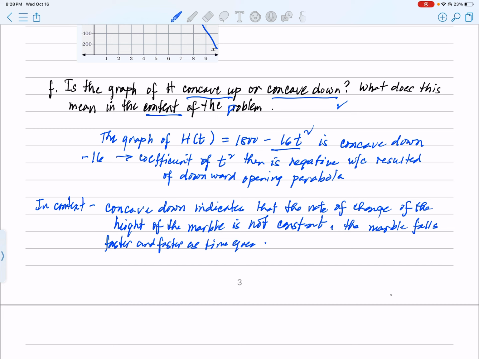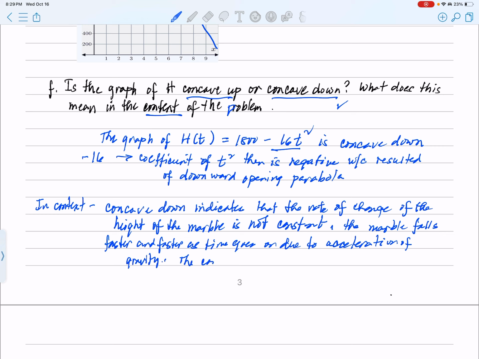What do you think is the reason? In physics, it's due to acceleration, as an object is moving down towards the ground, due to the acceleration of gravity. So the concave down shape of the graph visually represents the increasing speed at which the marble is falling over time. Okay?